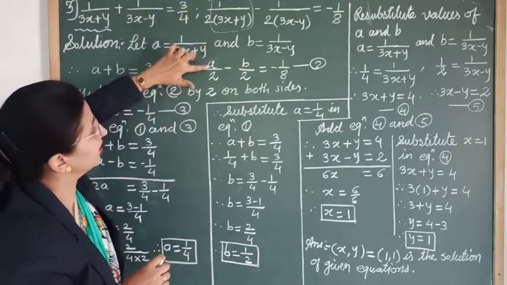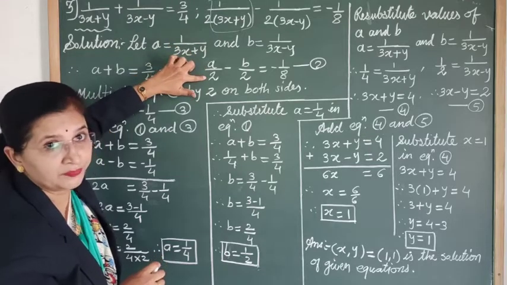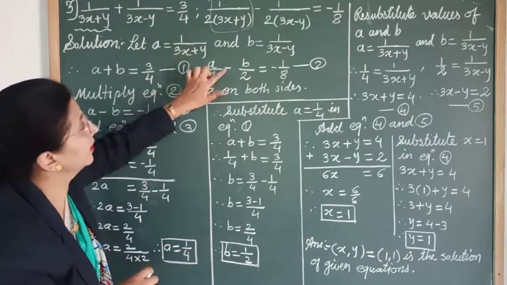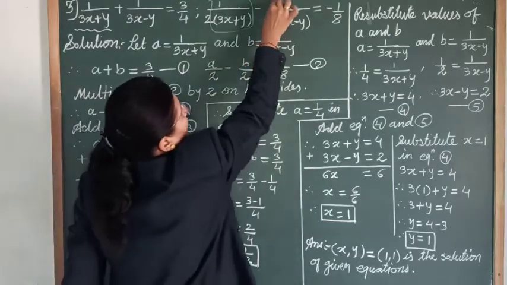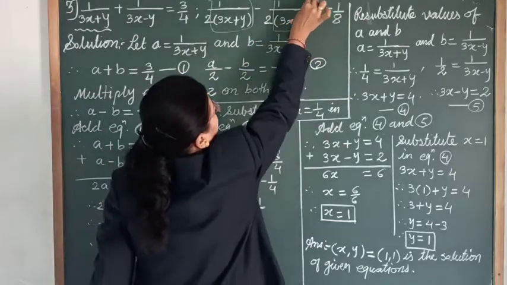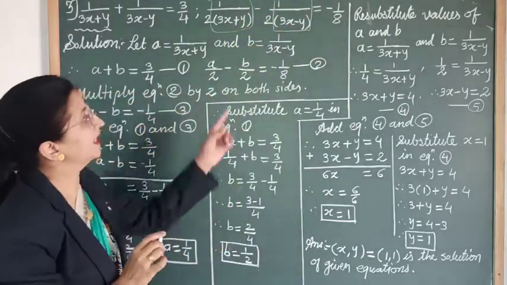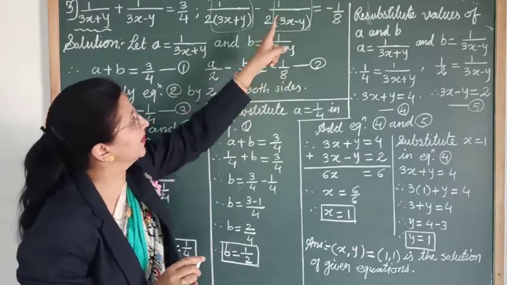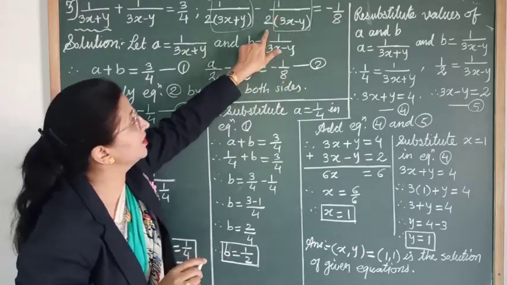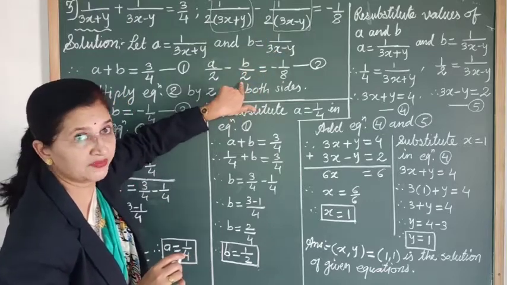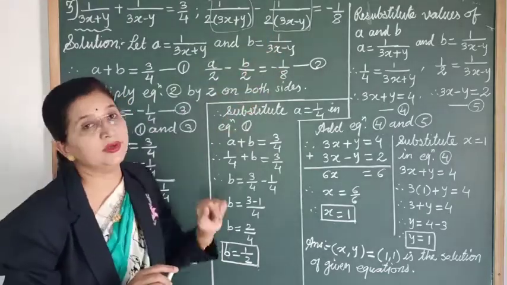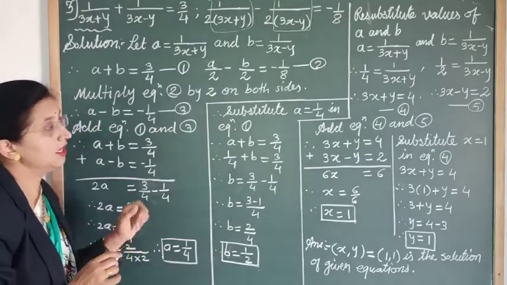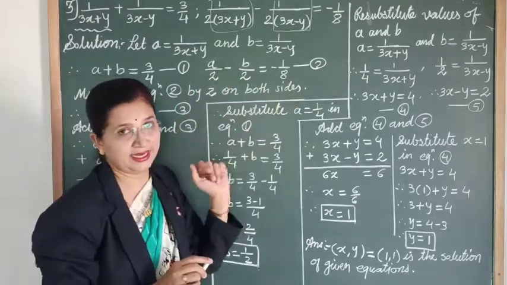So for this second equation we get a upon 2 minus, similarly here also 1 upon 3x minus y, but we have considered this as b. Okay, so this becomes b. But again here also the denominator is 2, so that also we have to write here, is equal to negative 1 upon 8. Okay, so let's give it as equation number 2.